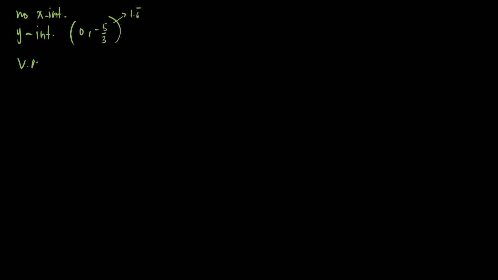Our vertical asymptote is x is equal to 3. Our horizontal asymptote is y is equal to 0.